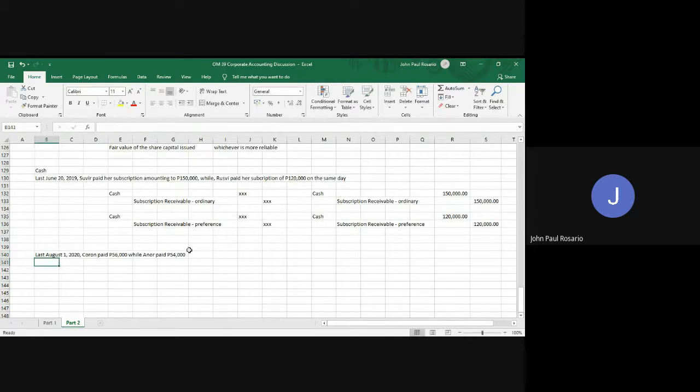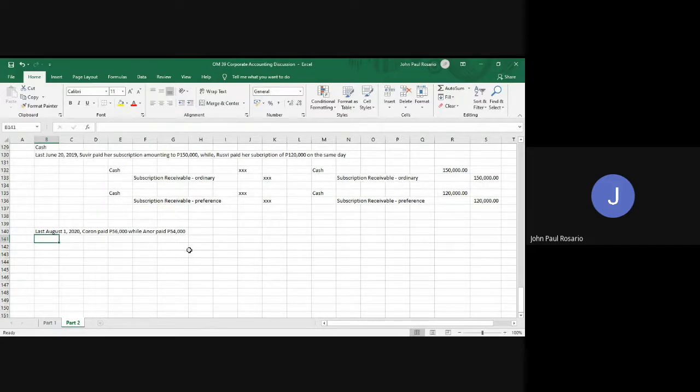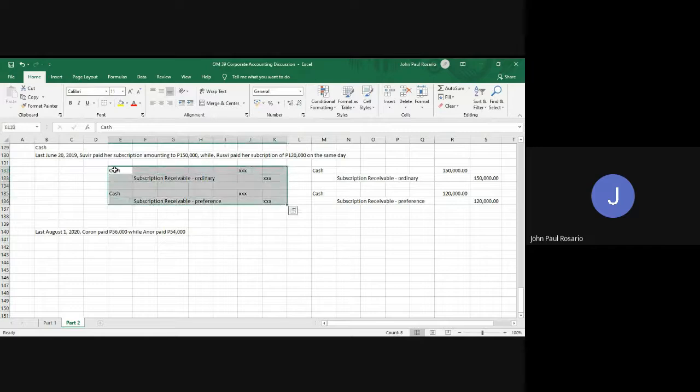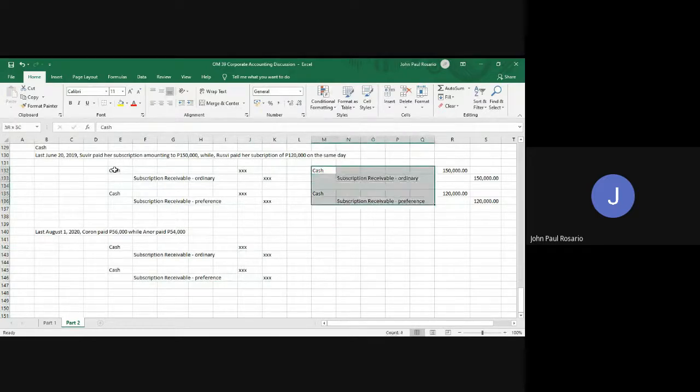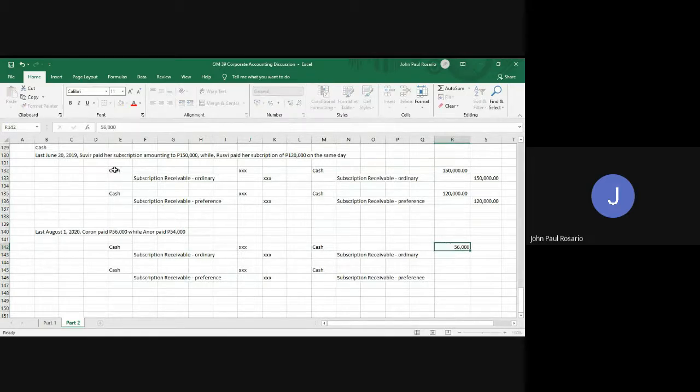So, with that, ang ato na yung entry would be, actually, the entry would be the same. Okay? Mag-differ din siya dito na din sa issuance of share capital. Okay. So, dito rin ta sa pila to iyang nagibayan 56,000, 56,000, 54,000 and 54,000.